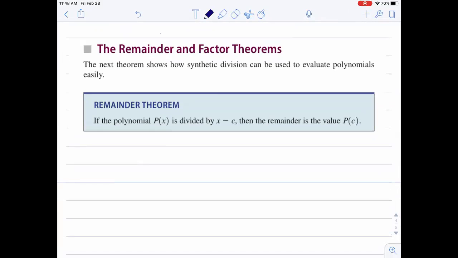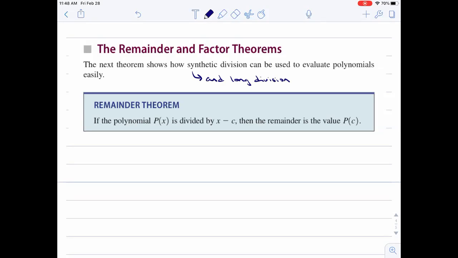So it says synthetic division, but obviously we can use long division, right? It's the more powerful of the two. And so here I'm going to write synthetic and long division.